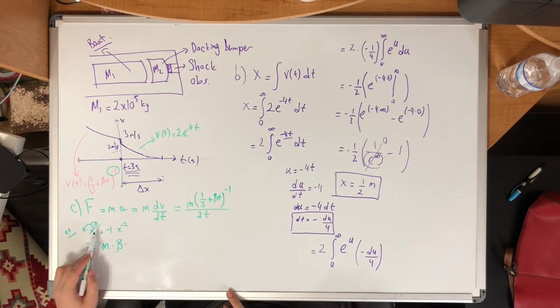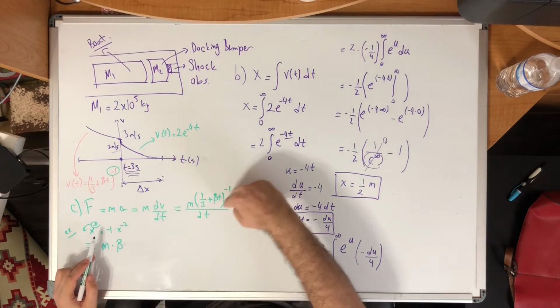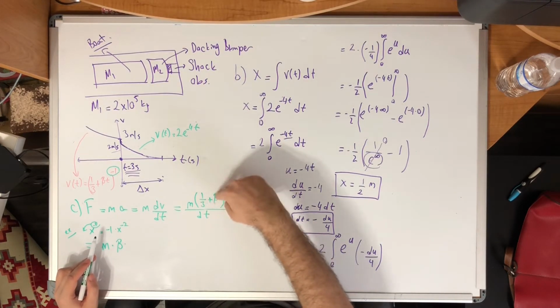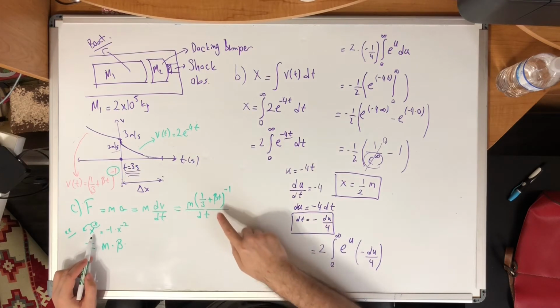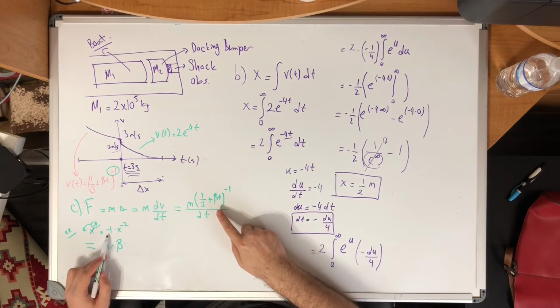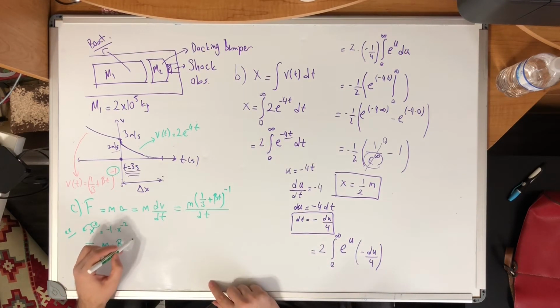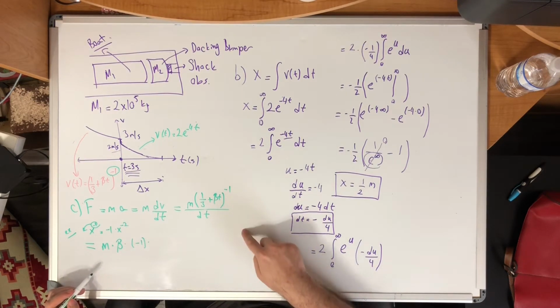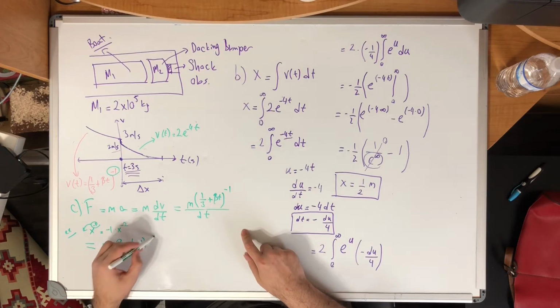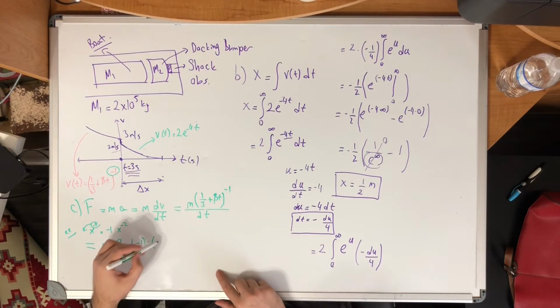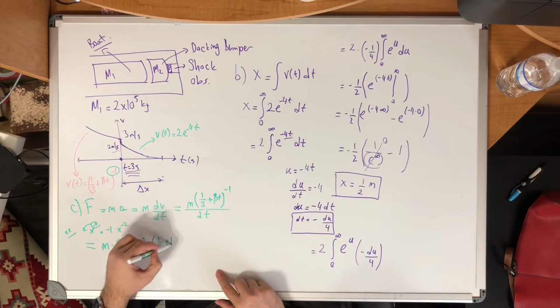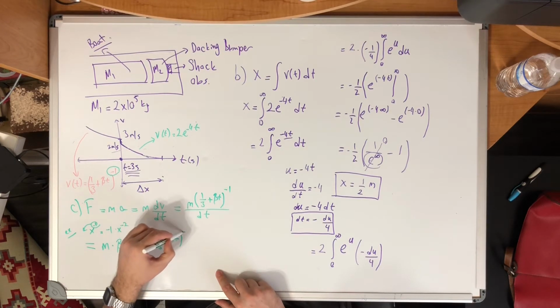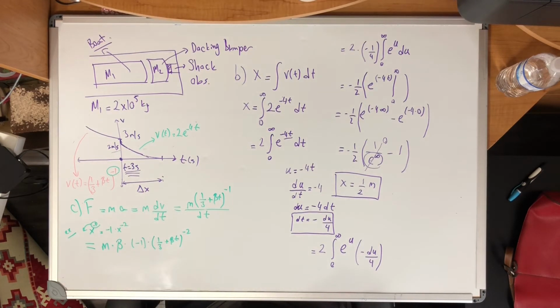It was x to the power -1, so take this as one part, and it's just your x. You put that -1 in front, and then you lower the power by 1. So your x in this case is again 1 over 3 plus beta t, to the power 2.